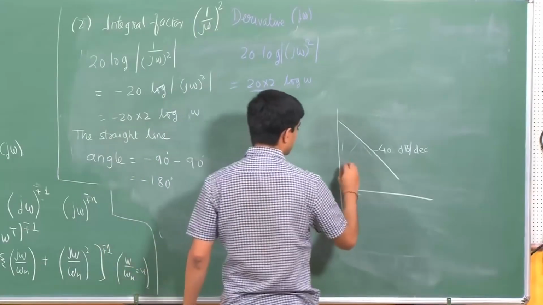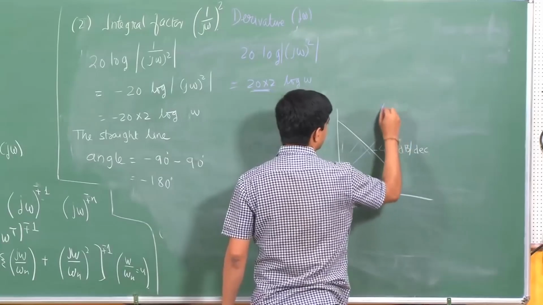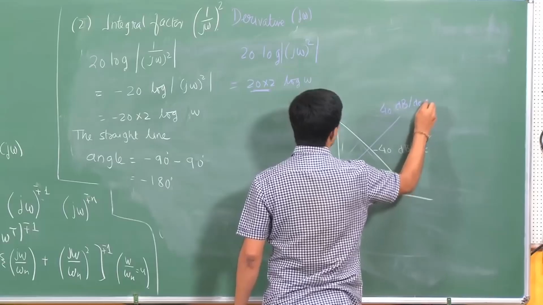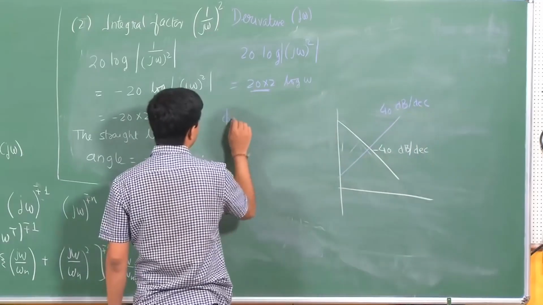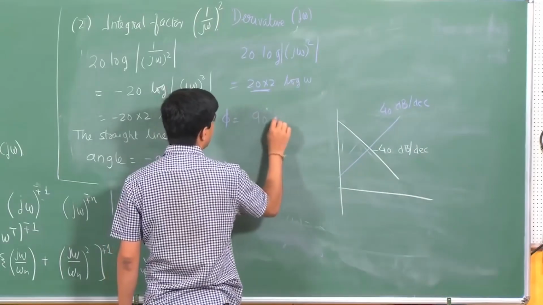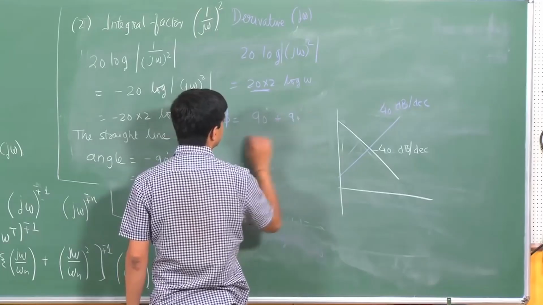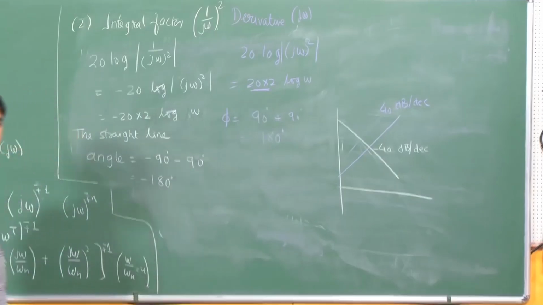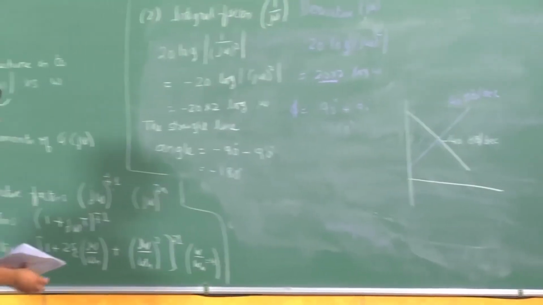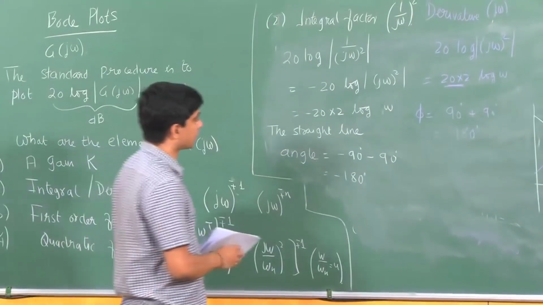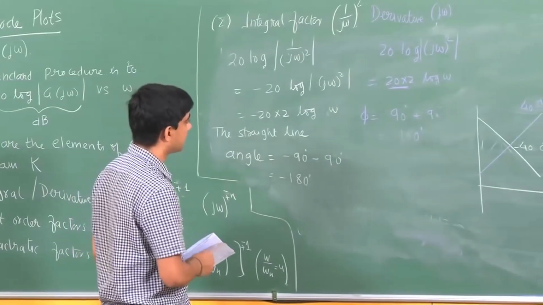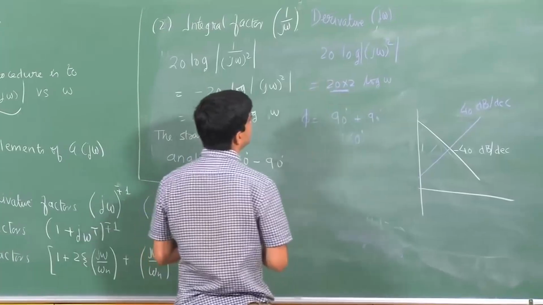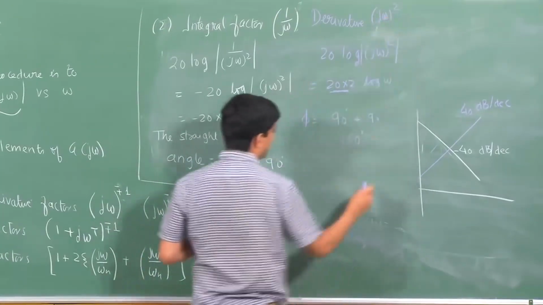So this will be something like this. 40 decibels per decade, and an angle phi of 90 plus 90 is 180 degrees. Okay. So now I can just say, well, generalize this to, here it should be 2, right, for this analysis.